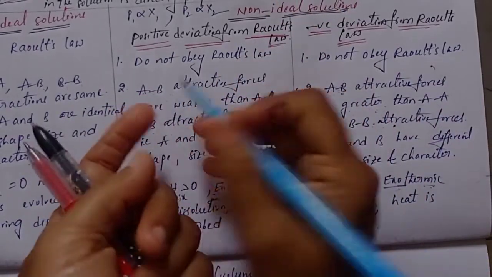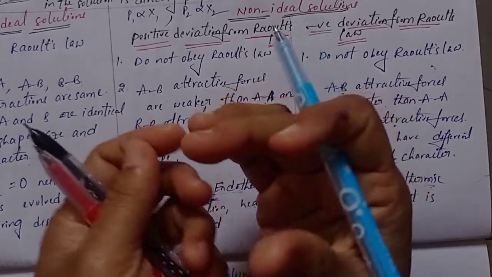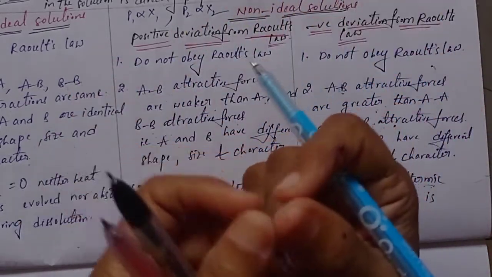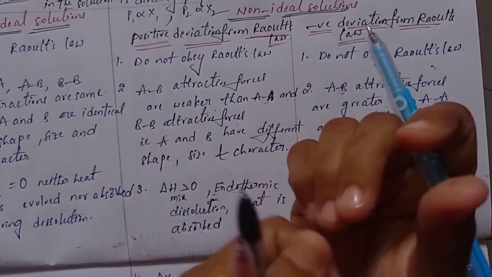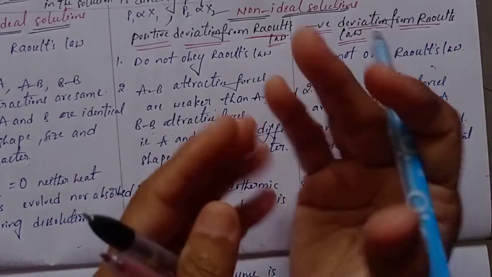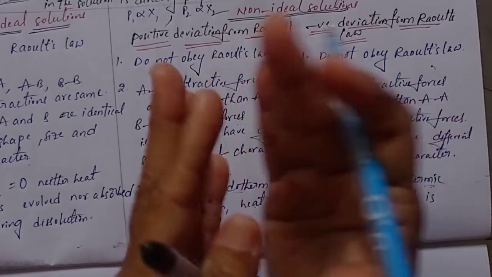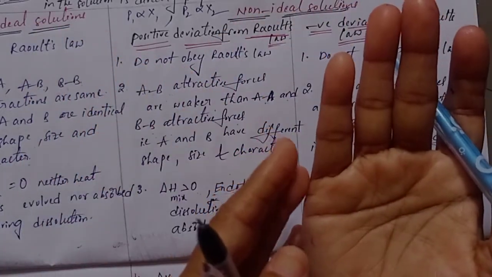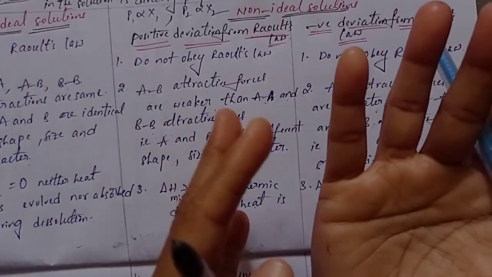That means AB components are not closer, students. They maintain a little bit of gap between them. Because attractive forces are weak, the components move away from each other. So that's what will happen after dissolution, the volume is increased, students, correct or not?